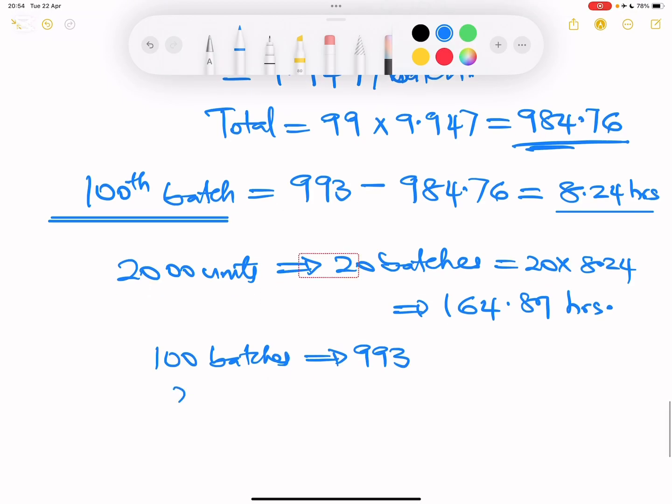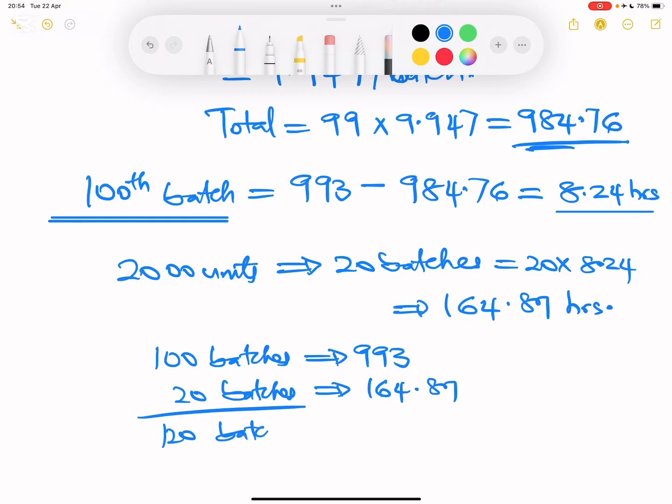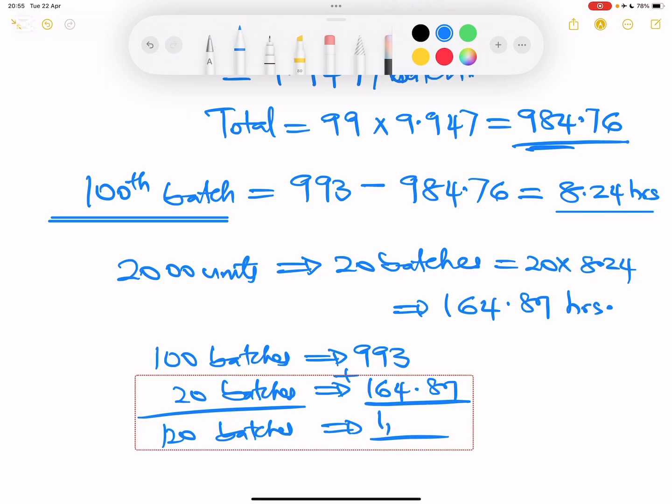We also know for 20 batches now, which is 164.87. So we know the total for 120 batches, which is equivalent to the 12,000 units. That will be the addition of these two, which will be 1,157.87 hours. And that is the total. I hope that is very clear.